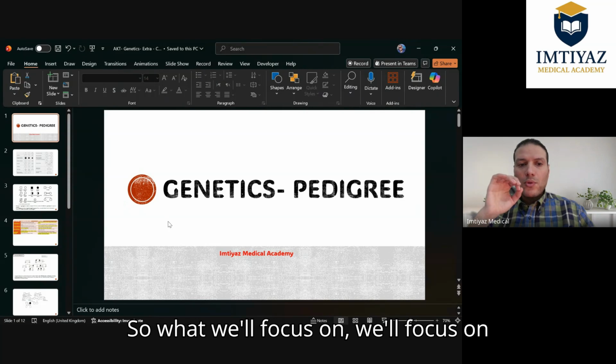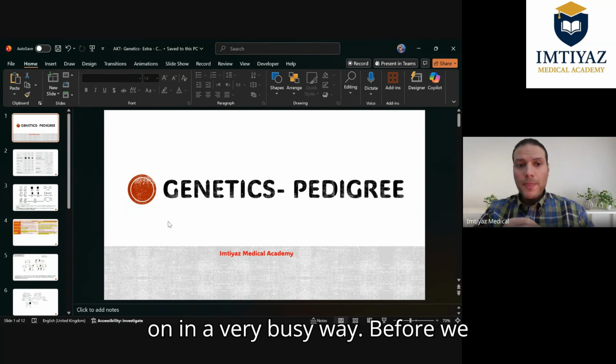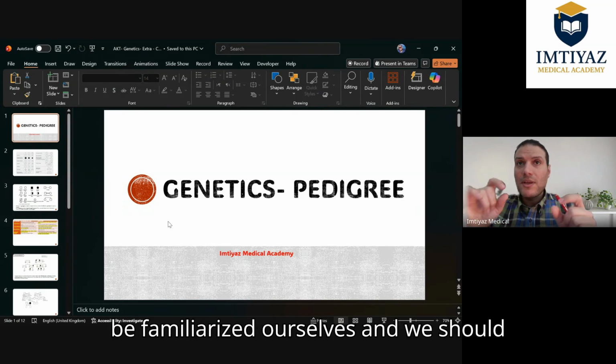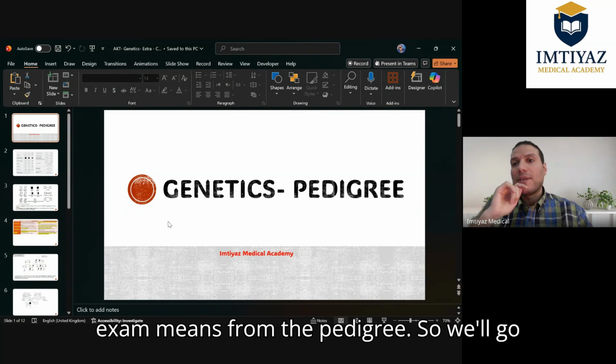So we'll focus on these four conditions, and how you can spot them in a very basic way. Before we go ahead, we should familiarize ourselves and know what each symbol and shape in the pedigree means. So we'll go through this.